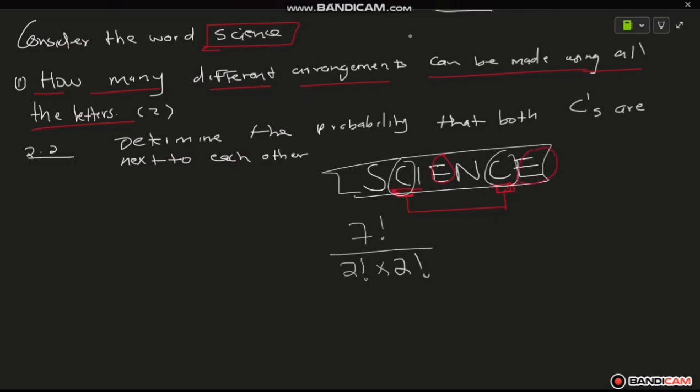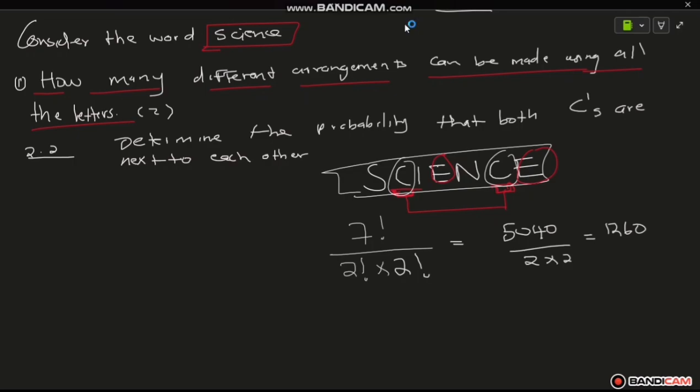Then you punch it in your calculator, and that becomes your answer. You don't do this if there is no letter that is repeated. So this is your answer: 1260 arrangements. I hope you understood what I said there.